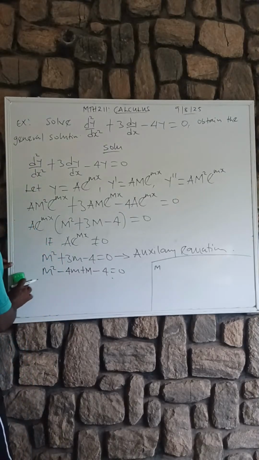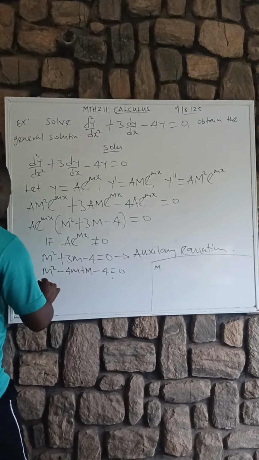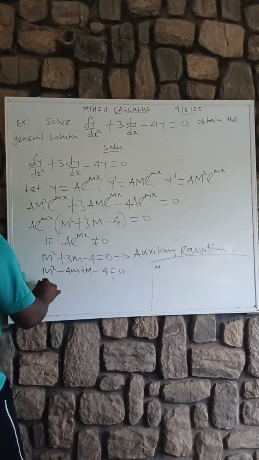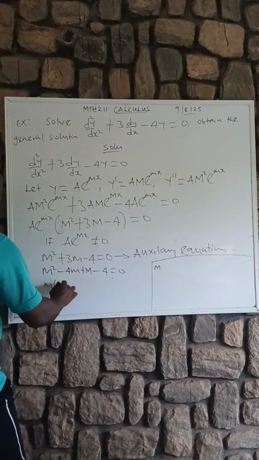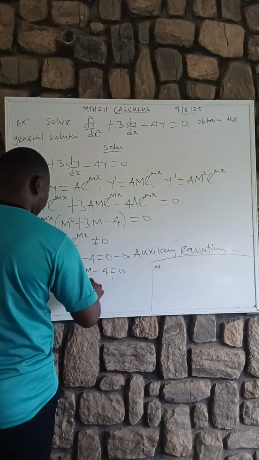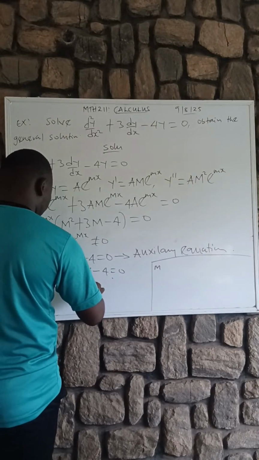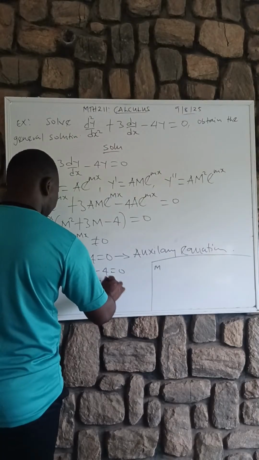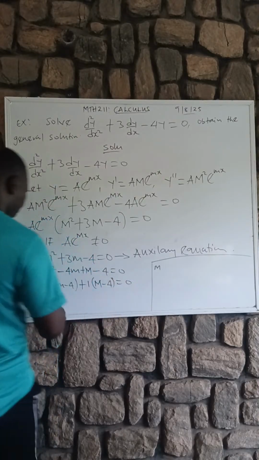Okay? So if you can see what I am saying here, here supposed to be m open bracket m minus 4, then plus 1 open bracket m minus 4 equals 0.